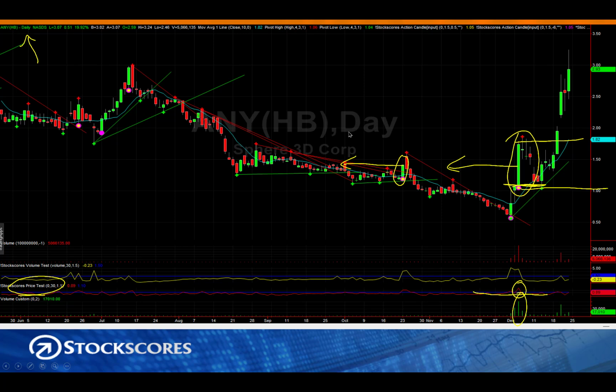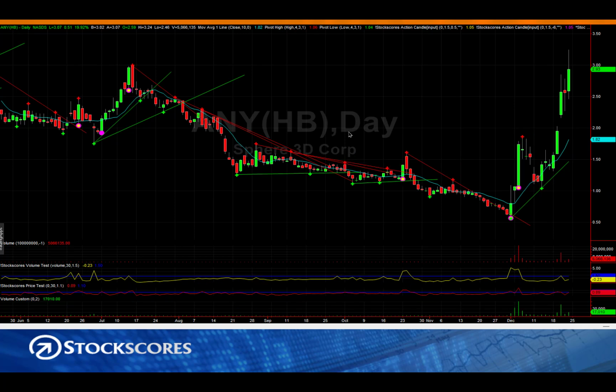And so anywhere you see a pink dot, you will also see that price test go above the blue line, because that just means it's abnormal. So here is a pink dot, and there you can see the red line jumping above the blue. So to be frank, the Stockscores price test line down here at the bottom is a little bit redundant because it's captured in the pink dots on the chart. All right, now let's talk about the yellow dots. Those are the action candle.